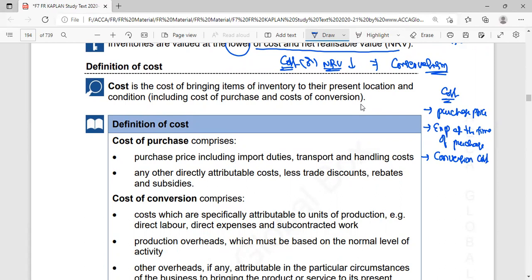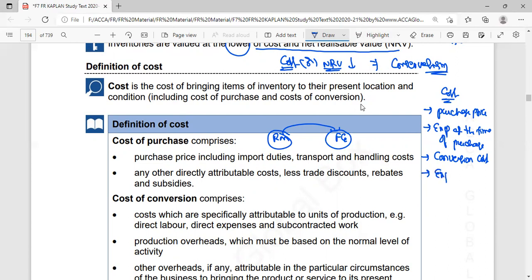Amount spent for conversion means how much is spent for converting the raw material into the finished product. That amount is said to be the conversion cost.